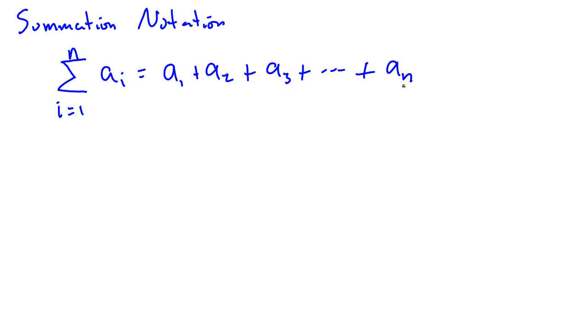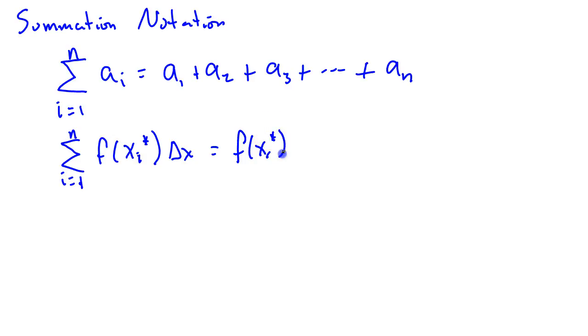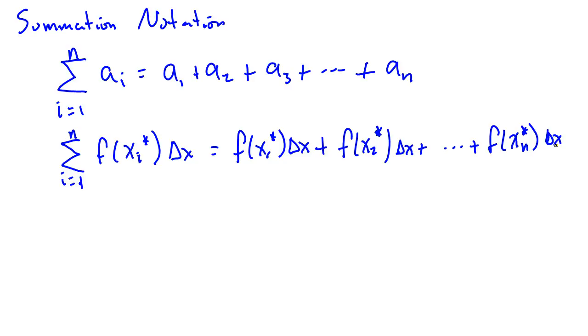Notice that this is particularly nice because something that looks like this, the sum I equals 1 to n of f of x I star times delta x, means take the 1 and plug it in for I. This is f of x1 star times delta x, plus, then do the same thing again with a 2 plugged in, f of x2 star times delta x, plus, keep going all the way to the last one, f of x n star times delta x.